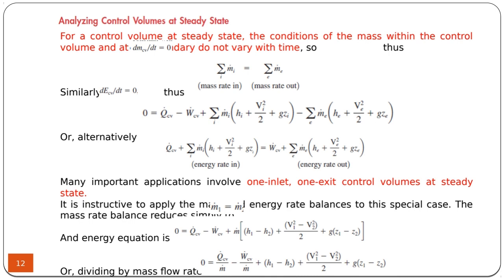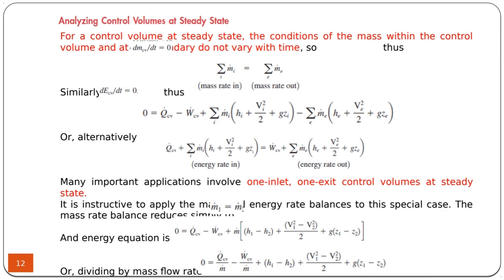So we can show this equation with Q and W collected on different sides. If Q is on the left-hand side, Q plus the incoming energy must be equal to W plus the exiting energy. This is the same equation, written in another form.